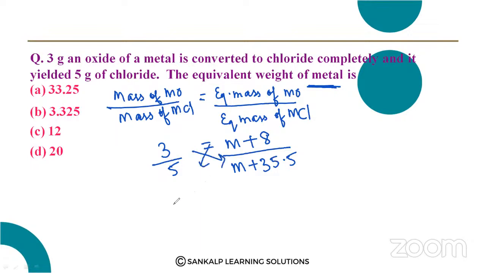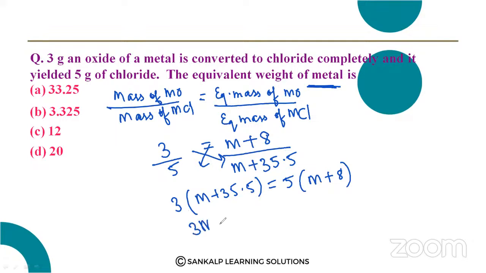So it becomes 3 into (m plus 35.5) equals 5 into (m plus 8). Just multiply each. So it becomes 3m plus 3 into 35.5, which comes to 106.5, equals 5m plus 5 eights are 40.